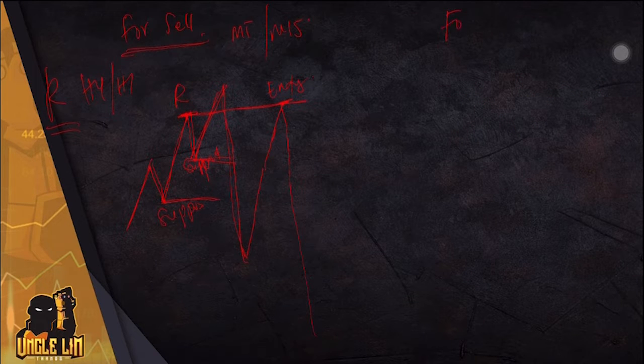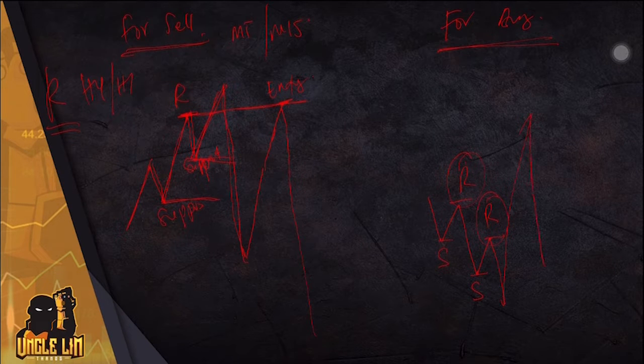Now we are going for buy. It is the same pattern, but reversed, so it will look like this. This is resistance, this is resistance, this is support, and it will break these two resistances.